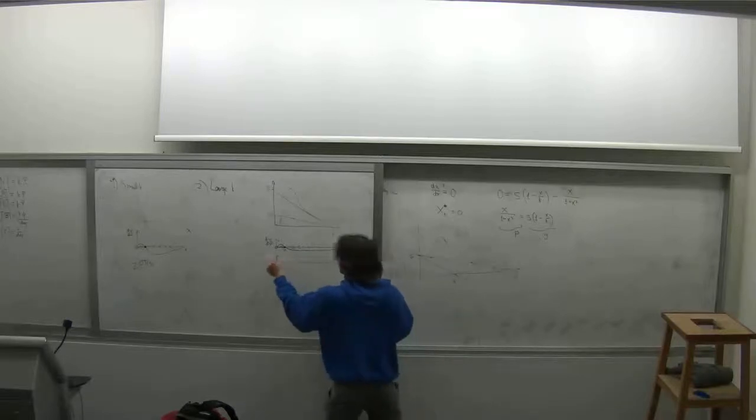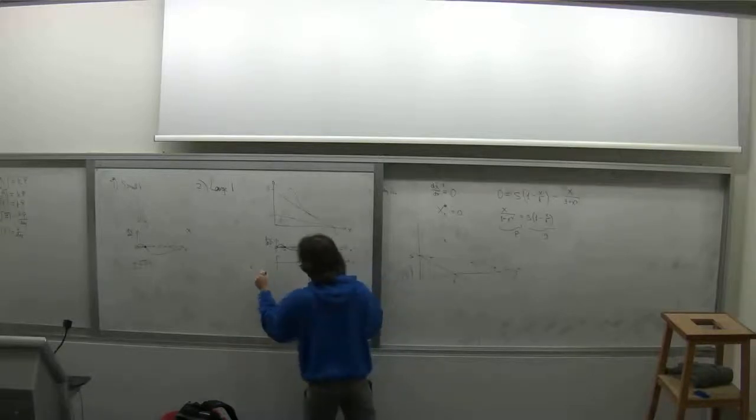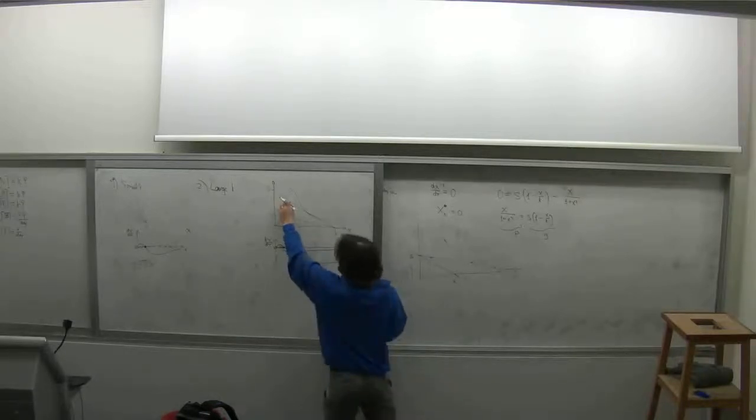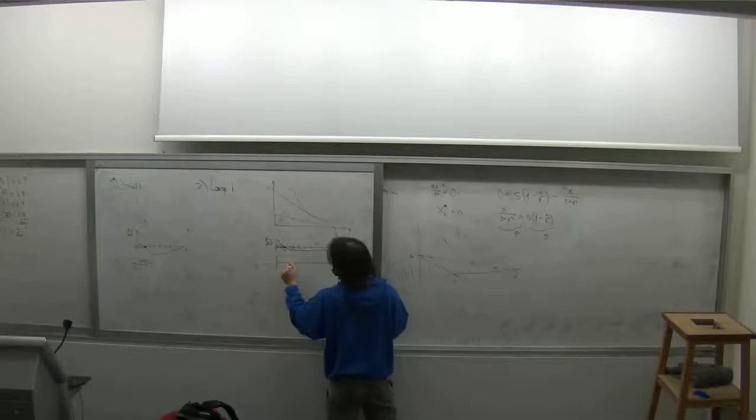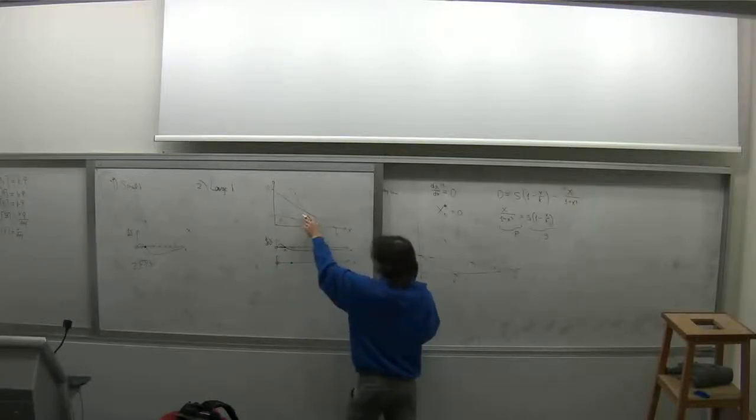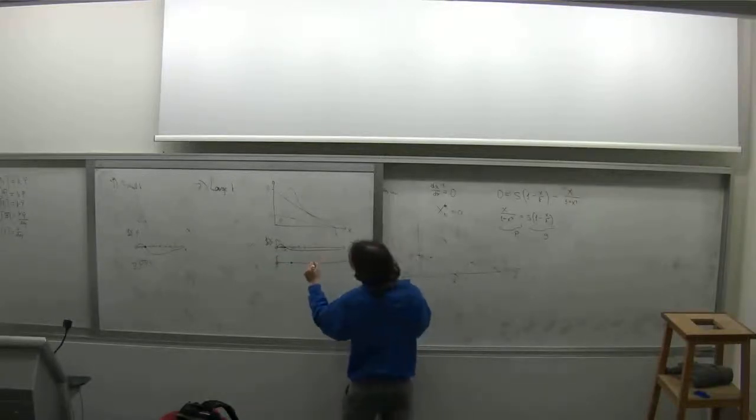Just assume that this applies to all the axes. S equals beta. So now the fixed point that I previously called A is at a higher value, and there is another fixed point here.